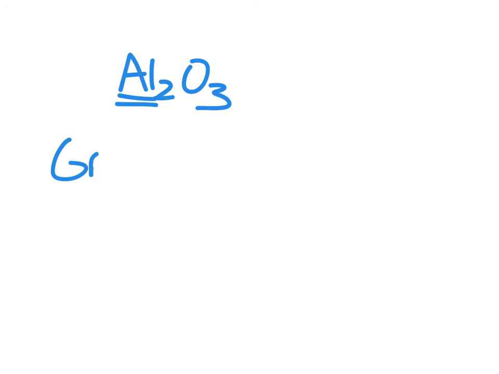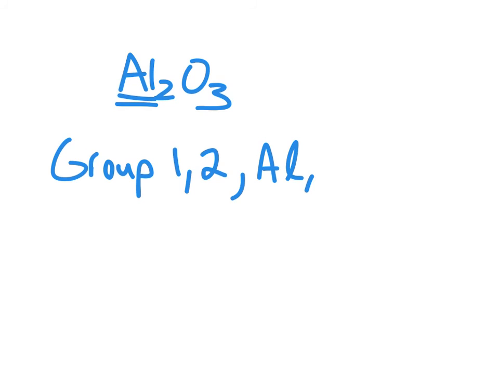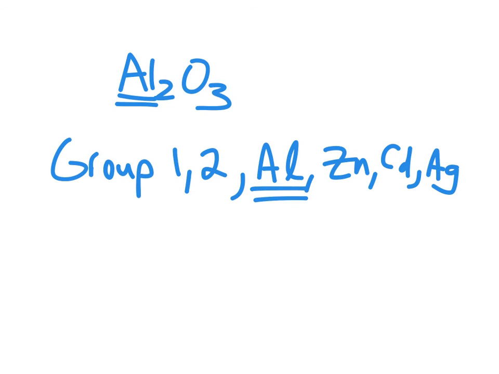So if we're looking at Al2O3, aluminum is a type 1 metal, because remember, type 1 metals are going to appear in group 1, group 2, they're going to be either aluminum, zinc, cadmium, or silver. And the fact that aluminum is in that range, that's going to make this a type 1.